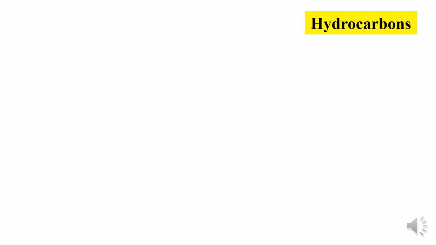What are hydrocarbons? Hydrocarbons are organic compounds that contain carbon-hydrogen covalent bonds in their molecule. So basically hydrocarbons contain both carbon atoms as well as hydrogen atoms in their structure. Now hydrocarbons can be categorized into two types.